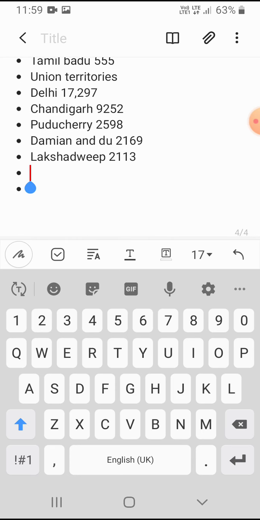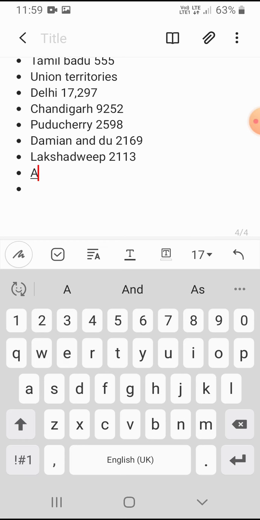After Lakshadweep, let's come to the next: the area of medium density.